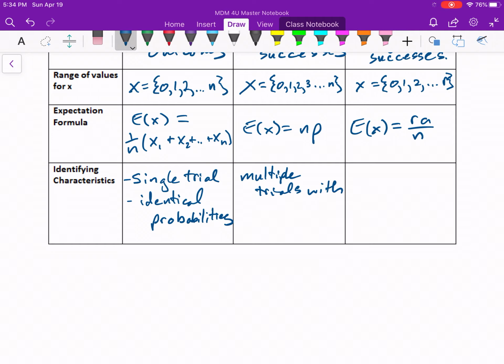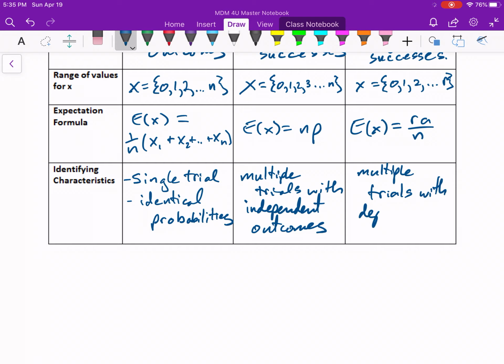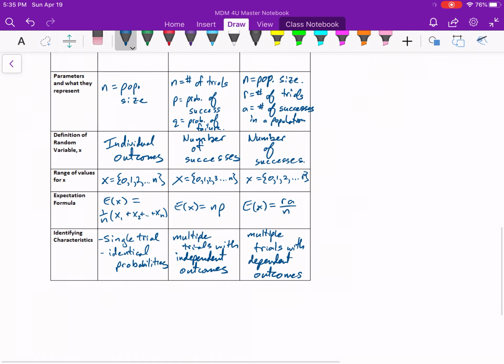But the key identifier for that is independent outcomes. And the last one is also multiple trials, but this time we have dependent outcomes. And that would be it for Unit 4.